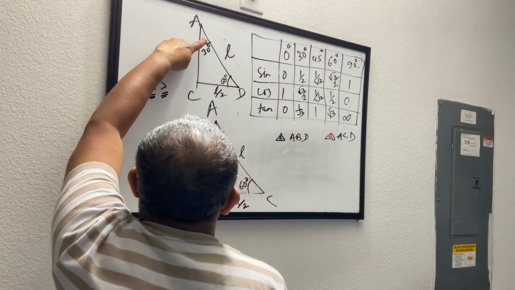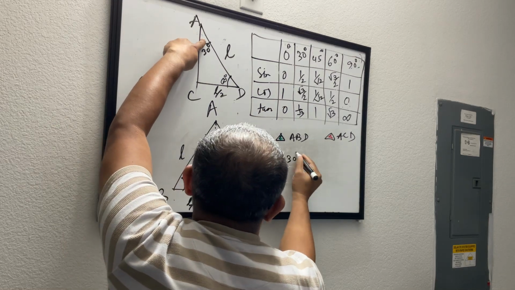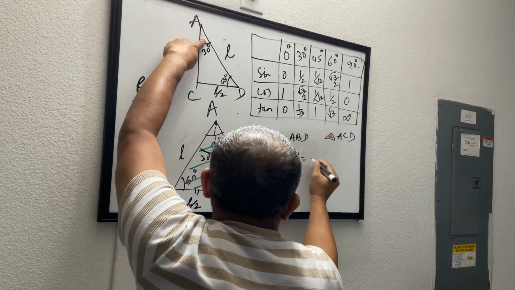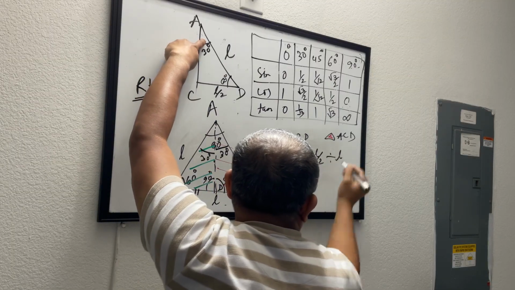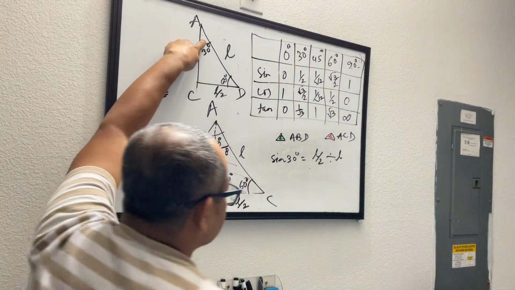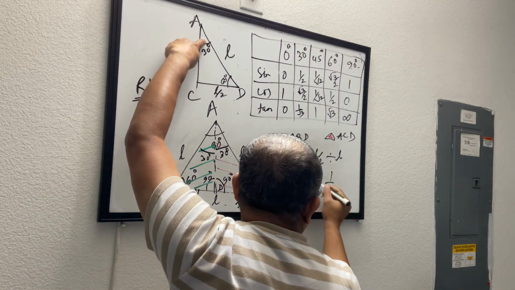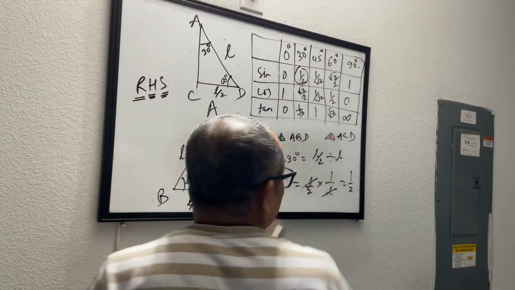What is the value of sine 30 degree in this triangle? Sine theta is opposite side by hypotenuse. L by 2 divided by hypotenuse L. L by 2, 1 by L. What did you get? 1/2. Yep.